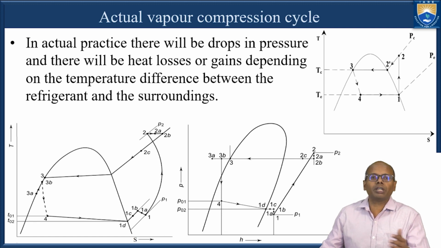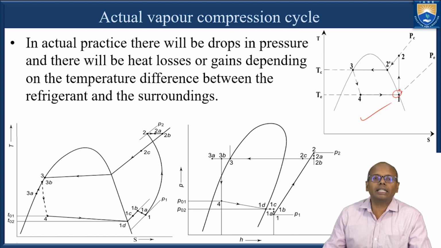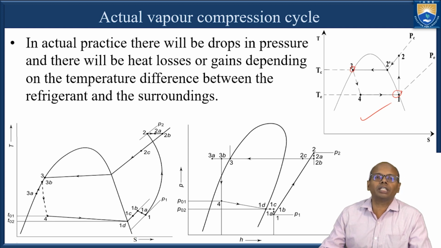Now, in the last few classes we were discussing vapor compression refrigeration cycle, and this is the cycle that we have seen. This is the ideal cycle where the fluid at the inlet of the compressor is at a saturated vapor state, and the fluid at the inlet of the evaporator is in the expansion valve.